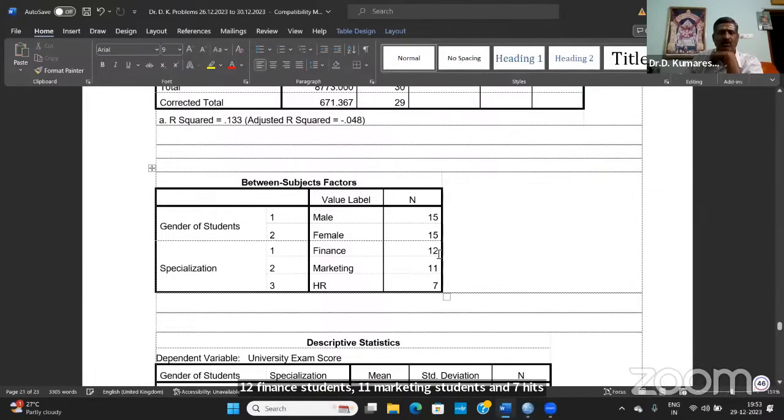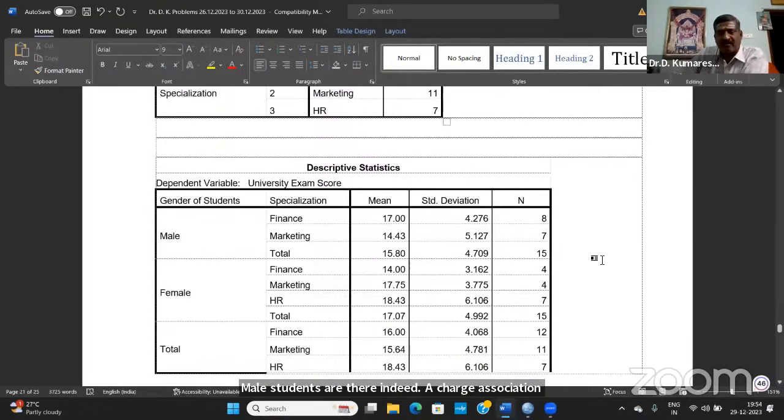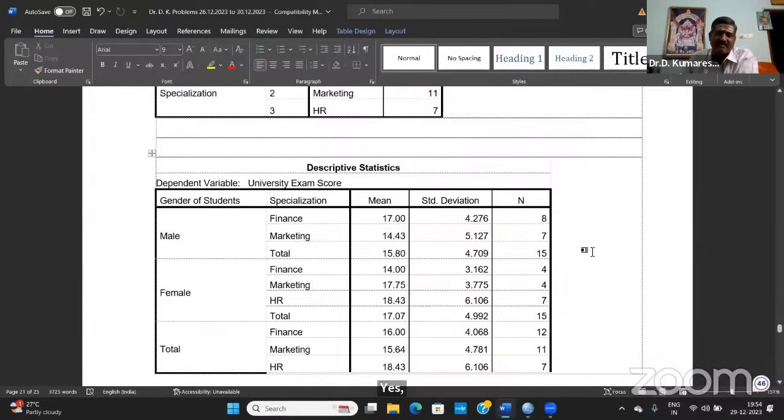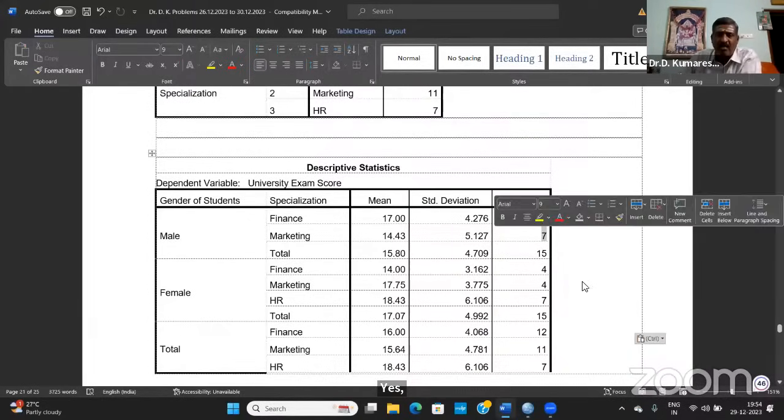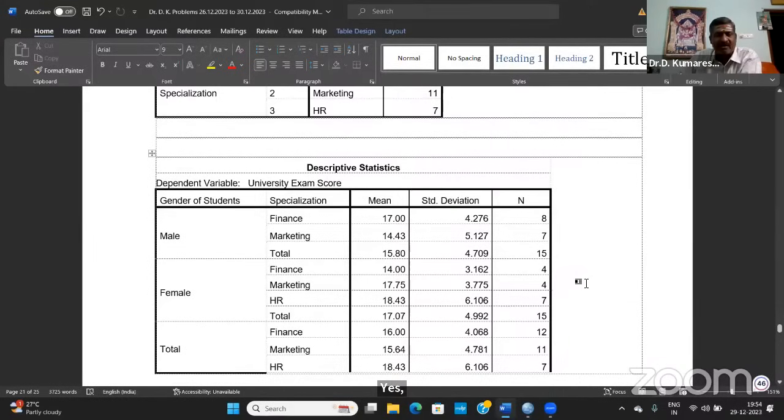But we do not know how many male students have the finance specialization, how many have marketing specialization, how many are there in the HR specialization. Similarly, in the case of female also. But here you look at the table, male, total 15 students. 8 students have chosen finance specialization. 7 male students have chosen marketing.